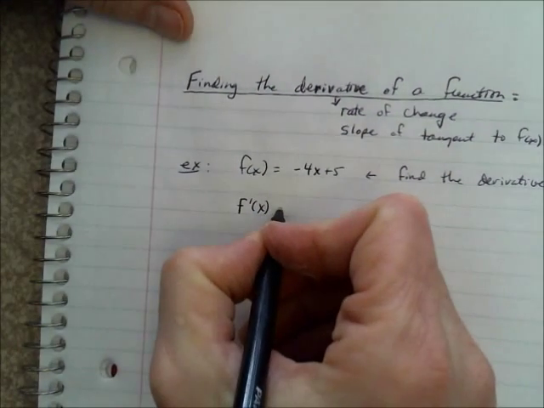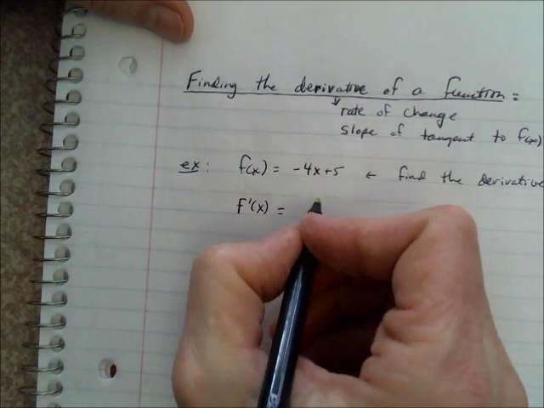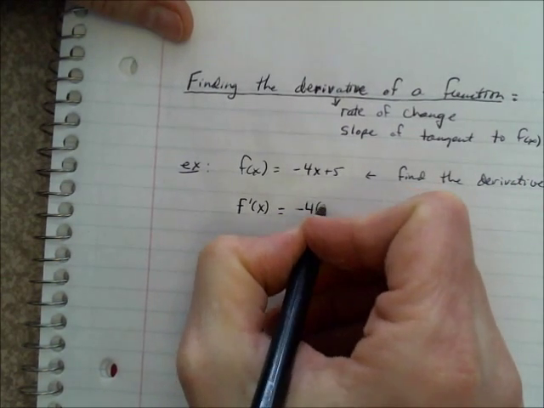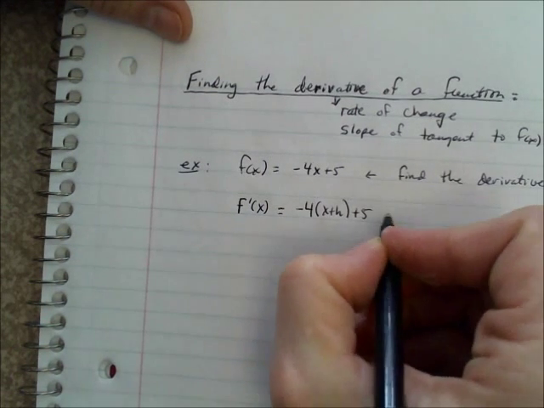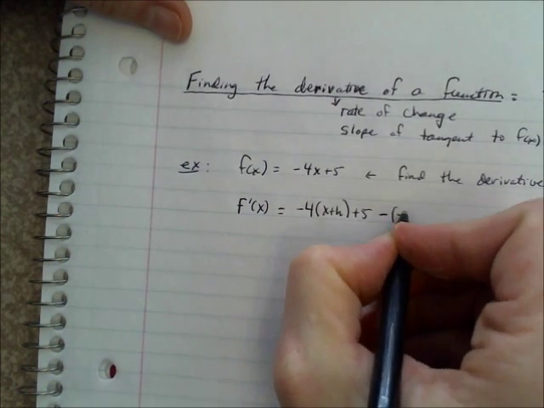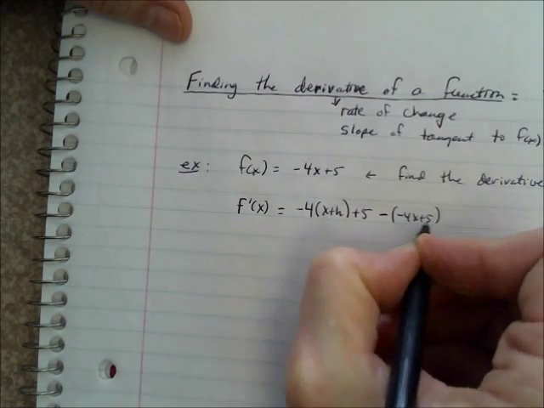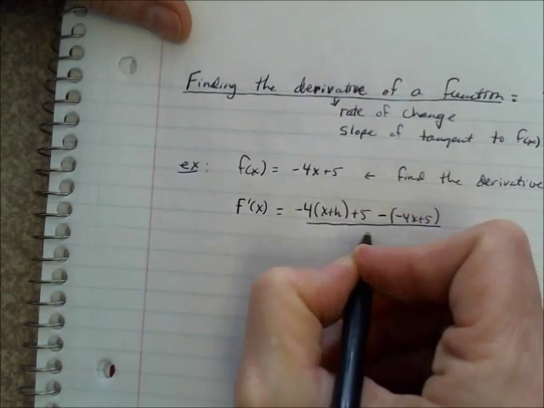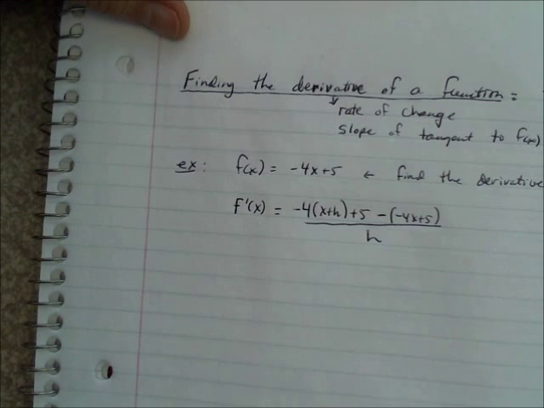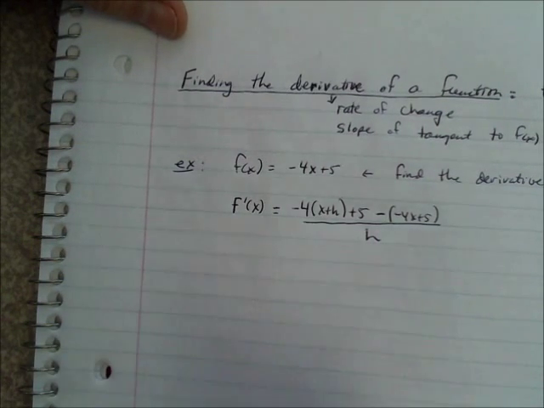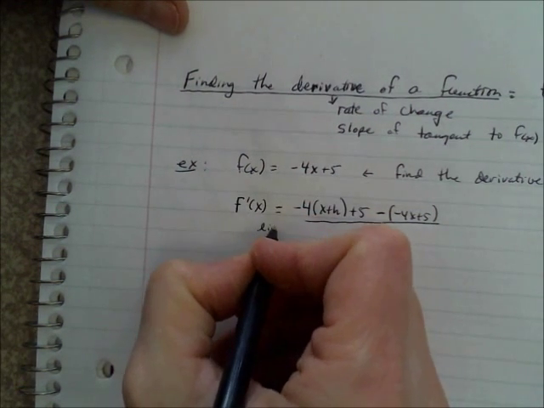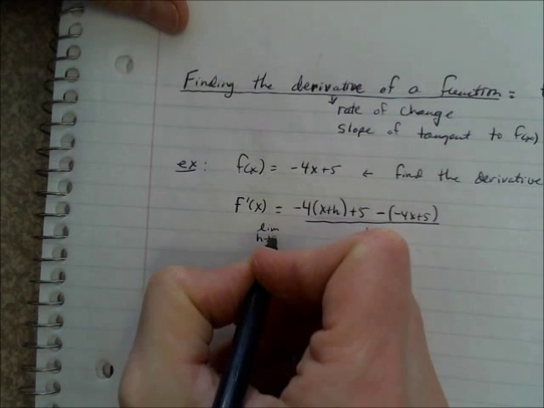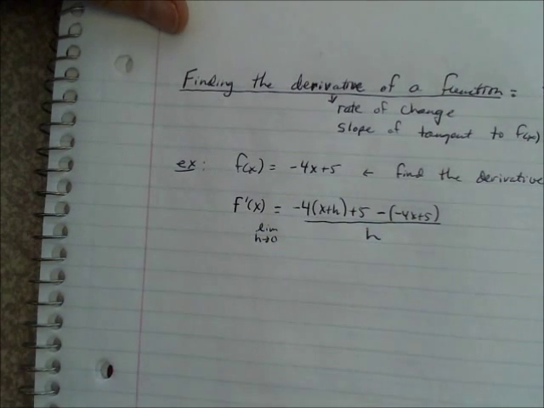So f prime of x, the derivative, is f of x plus h minus f of x all over h. And we're going to let the limit, or we're going to substitute h equals 0. So actually we should write out this is the limit as h approaches 0 of this particular function.